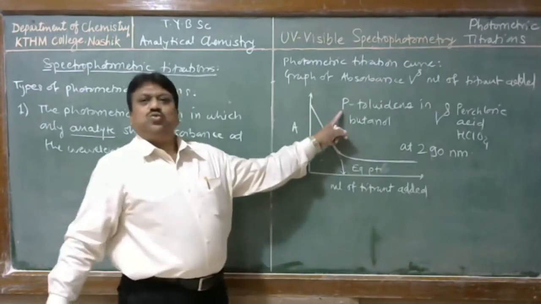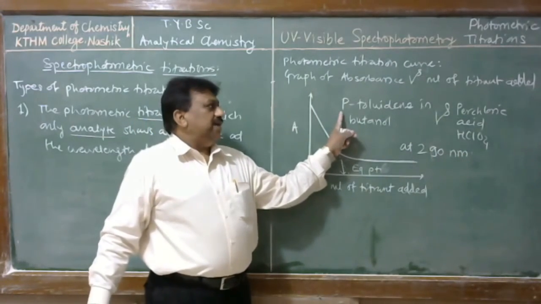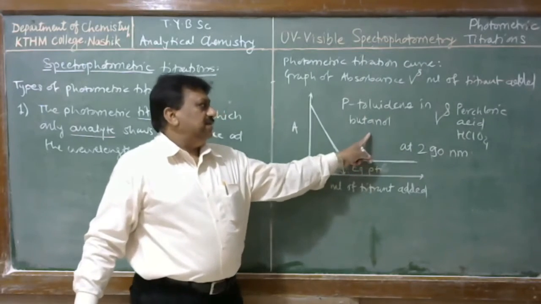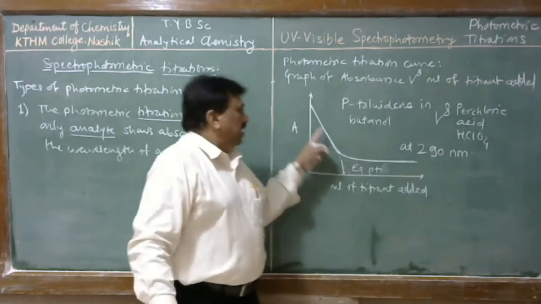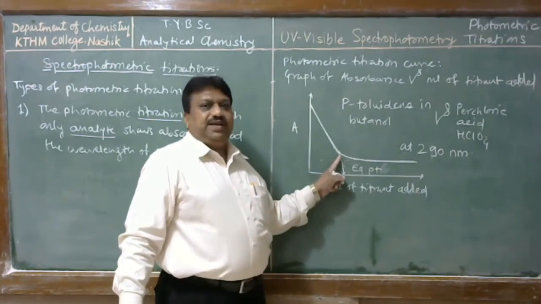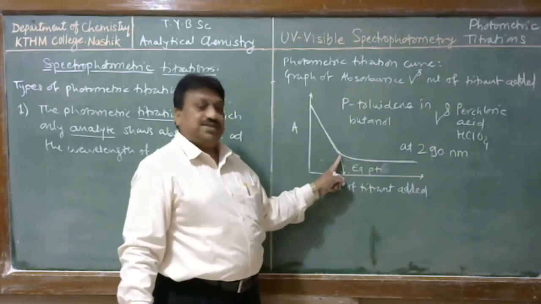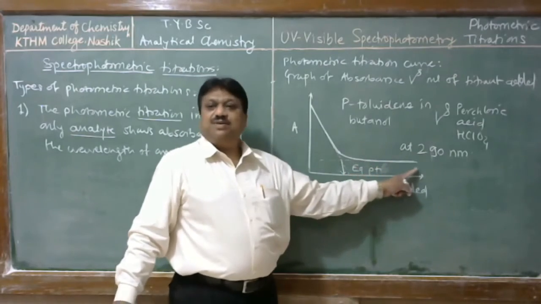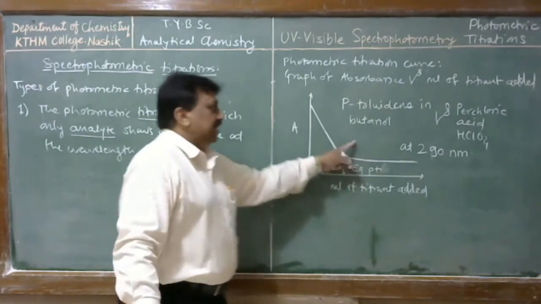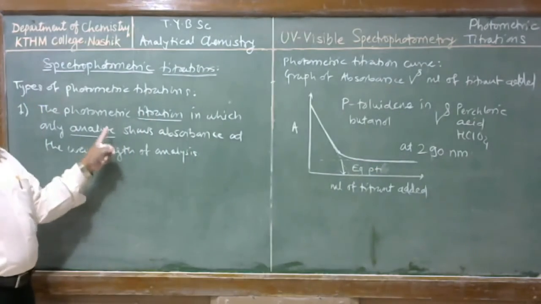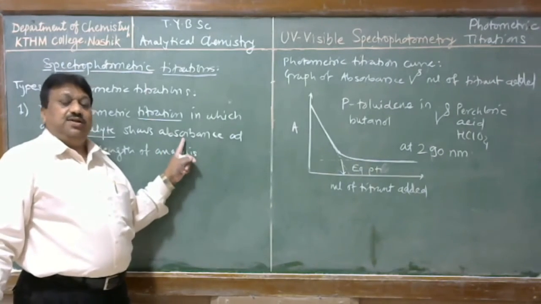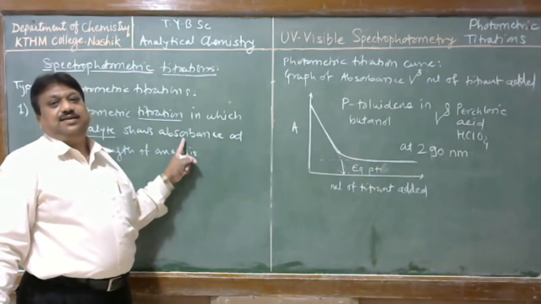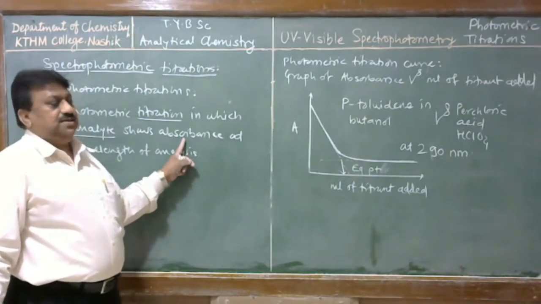Therefore, at this 290 nanometer, para-toluidine shows the absorbance while perchloric acid does not show the absorbance. As para-toluidine is converted into its oxidized product, after that, absorbance remains constant. This is a titration in which the analyte shows absorbance while the reaction product and titrant do not show the absorbance.